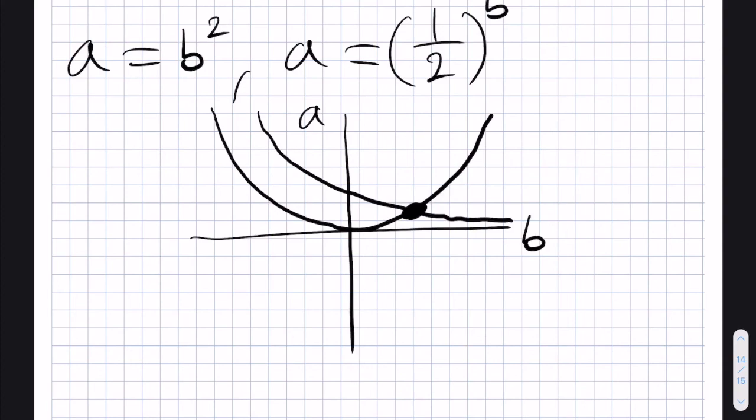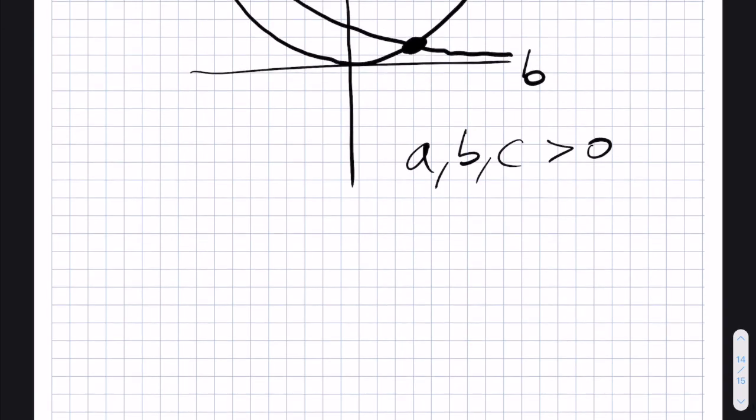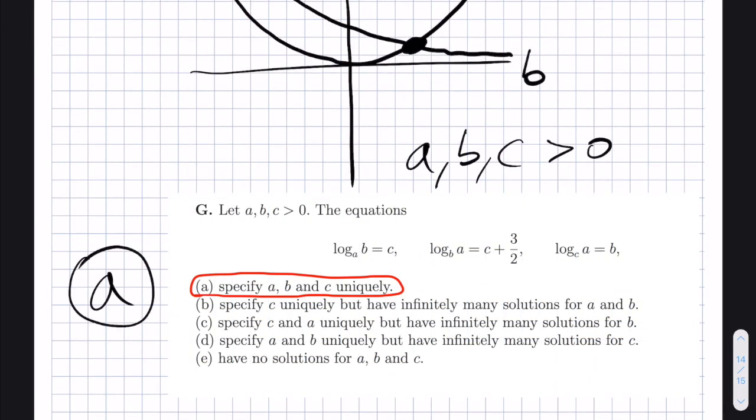And therefore, there is exactly one positive solution. We need to be careful about that because we were told that a, b, and c were strictly positive. And so we could have only considered solutions in this quadrant here. But either way, we have unique solutions for a, b, and c. And so the answer must be A.